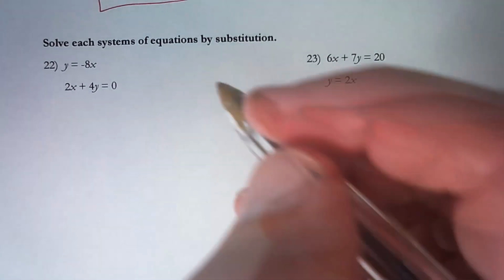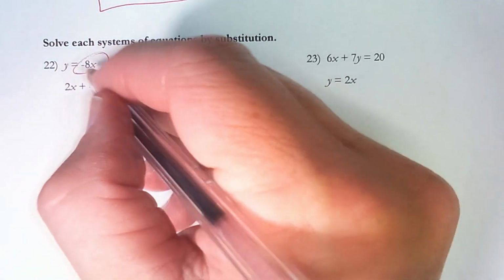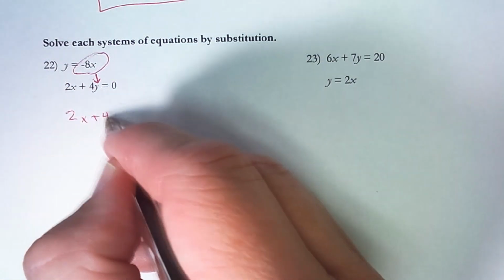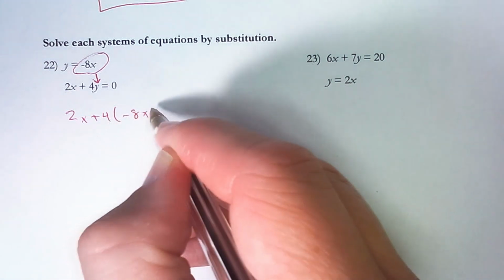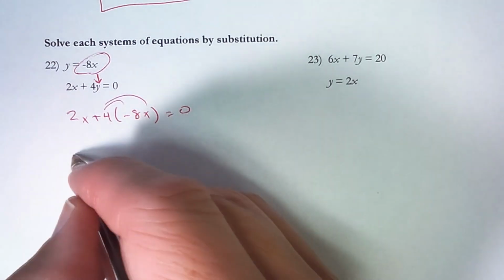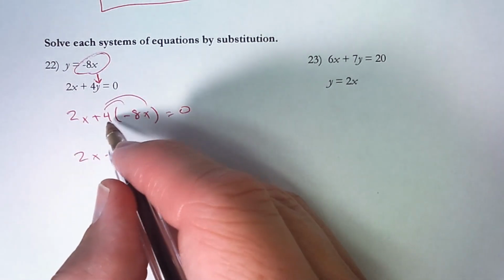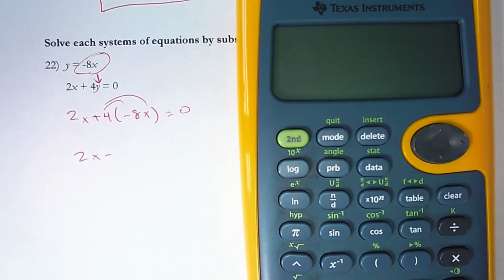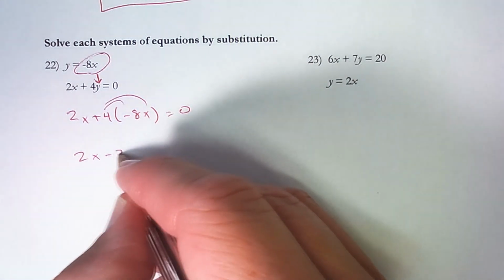And last, we'll solve by substitution. So I'm going to take this value of y and put it right there. 2x plus 4 times negative 8x equals 0. I'll distribute, so 2x and then 4 times negative 8. Okay, so if you're not sure, you can type that in your calculator. 4 times negative 8 is negative 32.